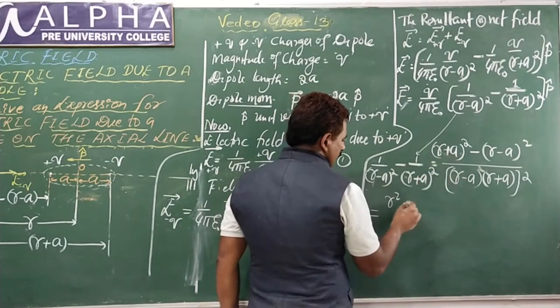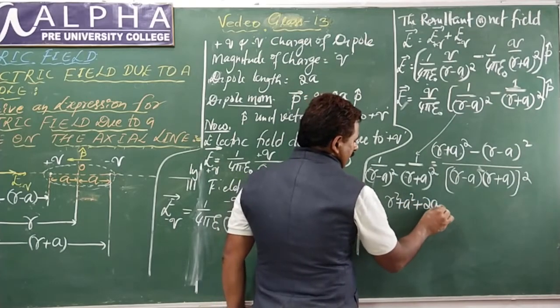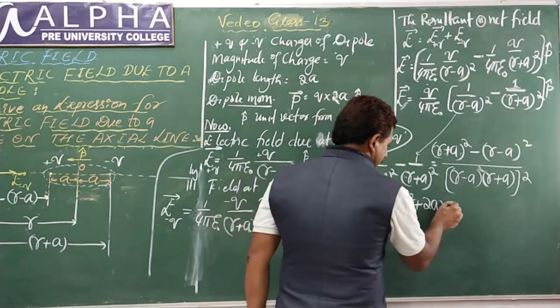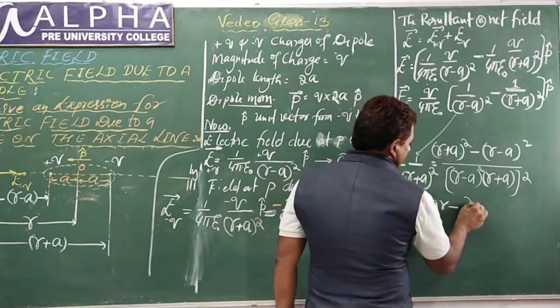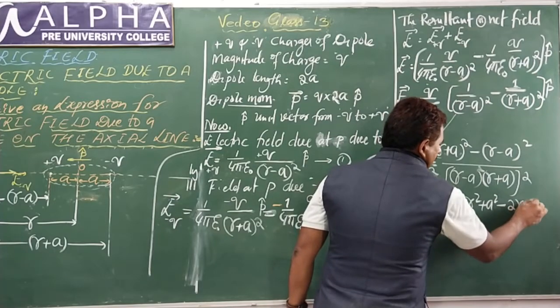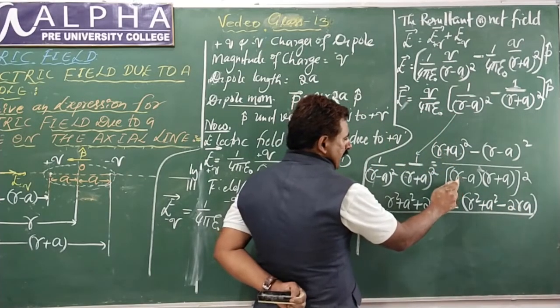A plus B whole square formula: R square plus A square plus 2AR. You have to keep repeating, observing the video. You know all this, 7th standard mathematics. Minus, R square plus A square minus 2RA, right bracket. Now, the denominator: A minus B, A plus B.